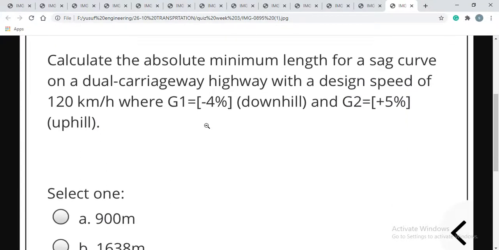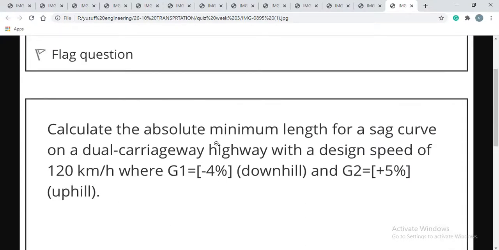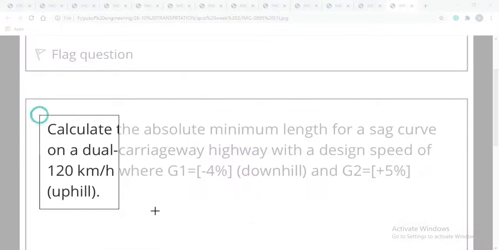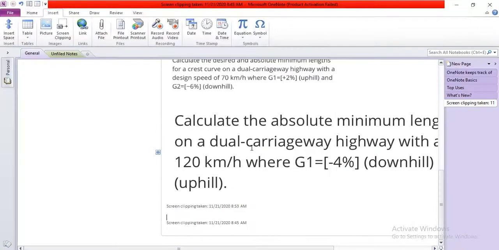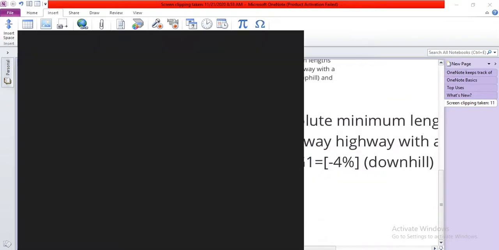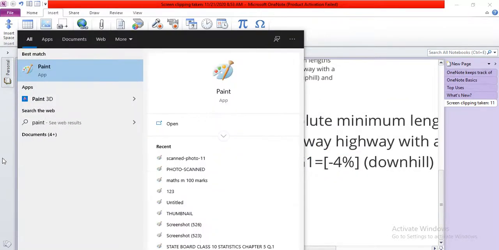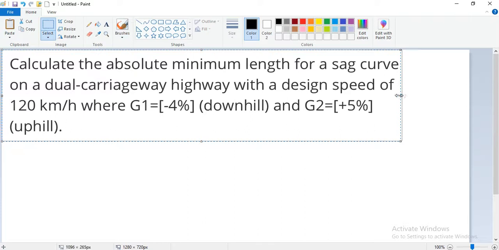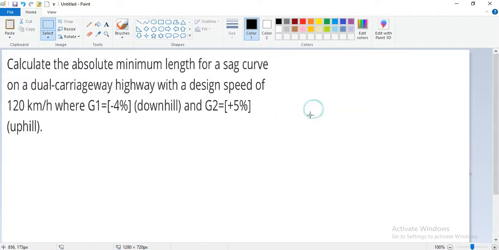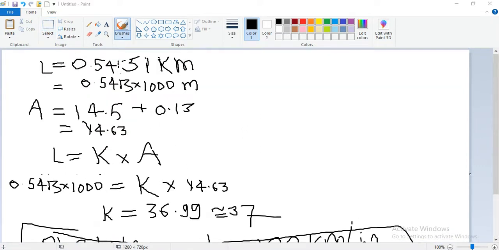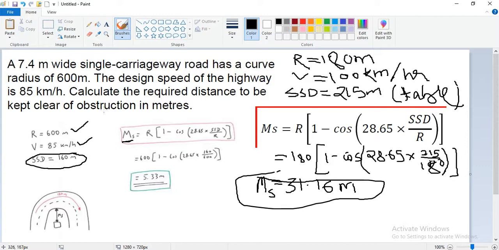Calculate the absolute minimum length for a sag curve. This is the quiz question, and we have already solved such a question like here.